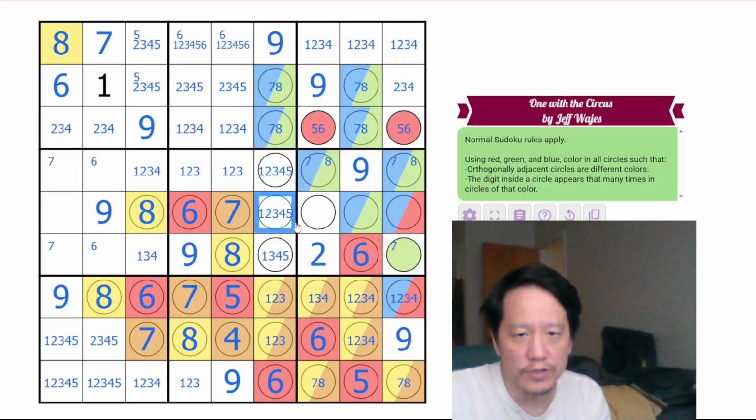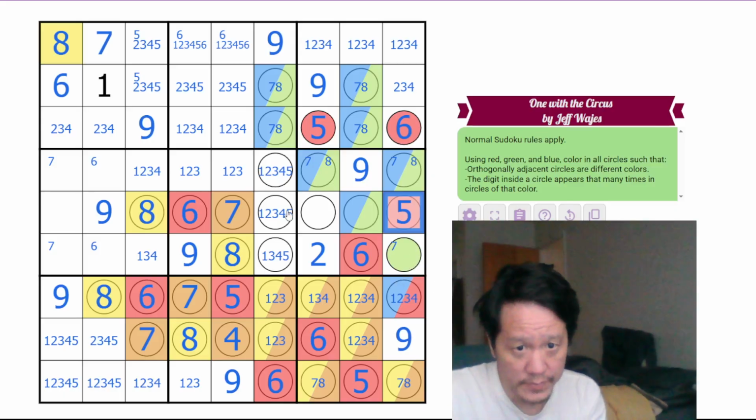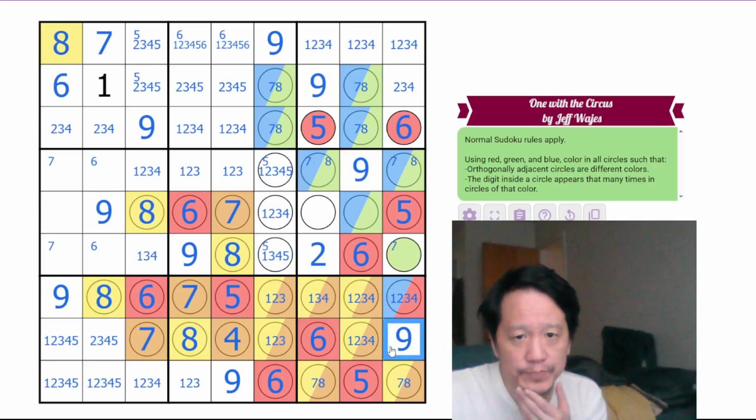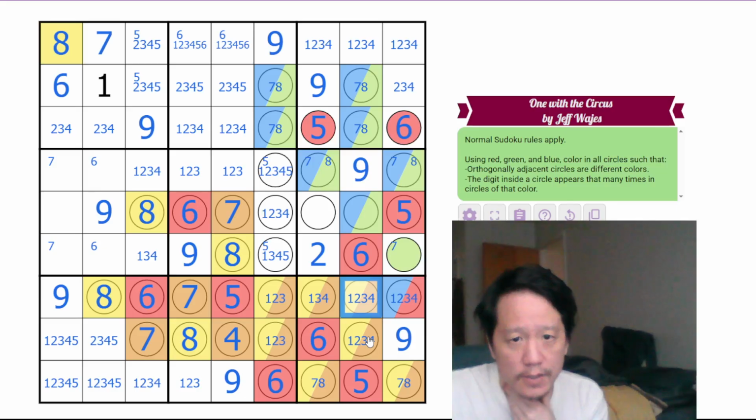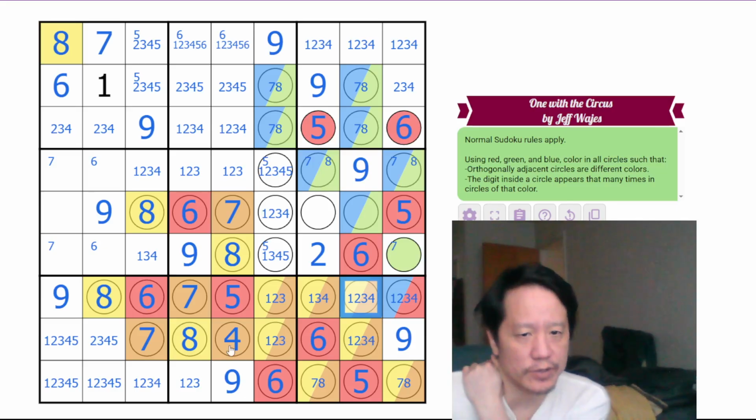5 has to be one of these two. Because this 6 eliminates 6 here, so this is 5, that's 6. Therefore, 5 cannot be here, so 5 has to be only here, and it has to be red. So this is not blue, that's red. Which means this can't be 5 here, so 5 is one of these two. 4 is in orange.